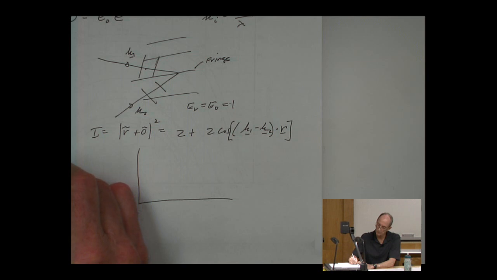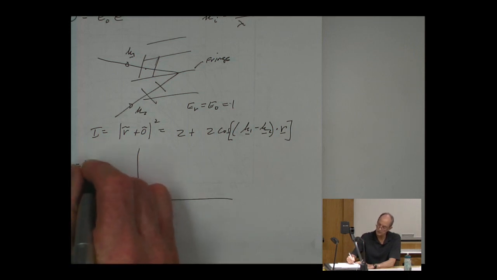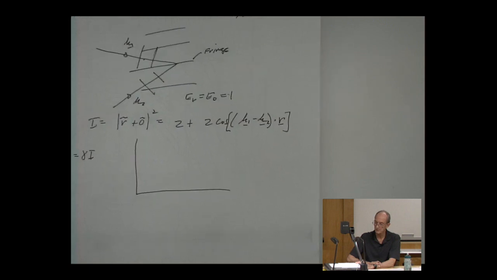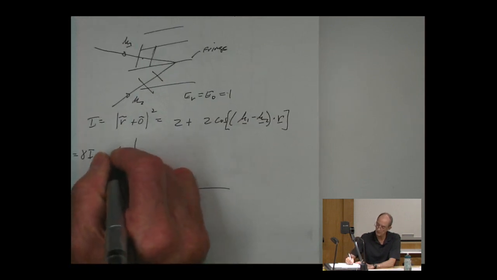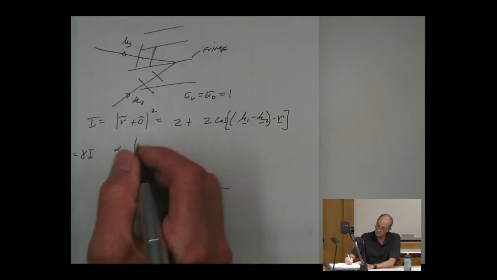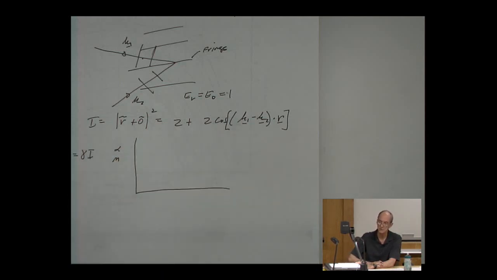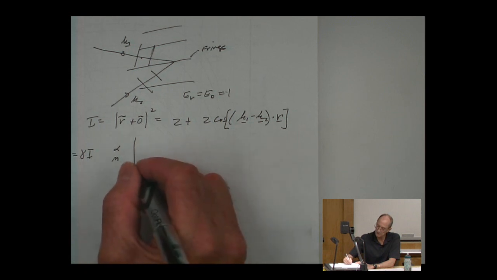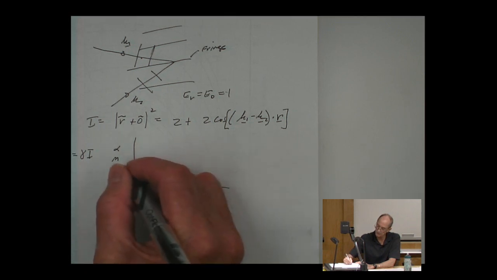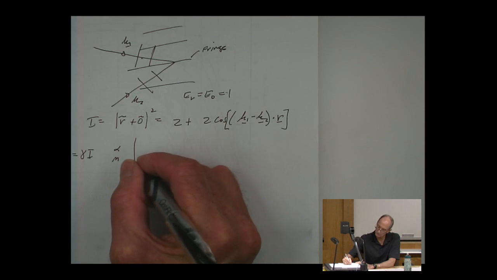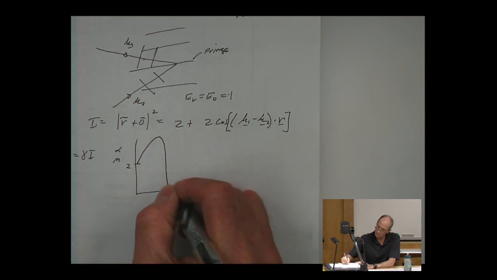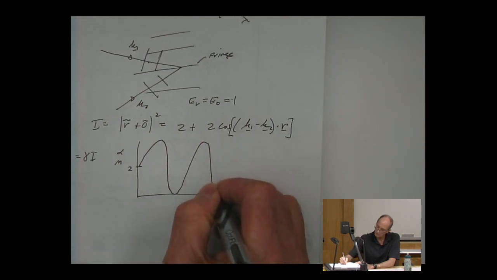Well, remember we have that our transmittance function of x and z is equal to gamma times I. So the transmittance function, which is going to tell us either the absorption or the refractive index modulation, will have some value where this is 2, and this is going to range in value from 4 down to 0.